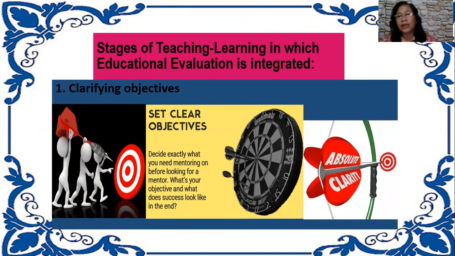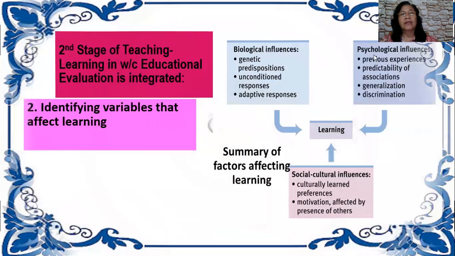And by so doing, you can have absolute clarity of your target. So meaning, whatever motivates you or whatever are the objectives, it should be the clear target and it would be arrived at the end of a certain teaching learning process.